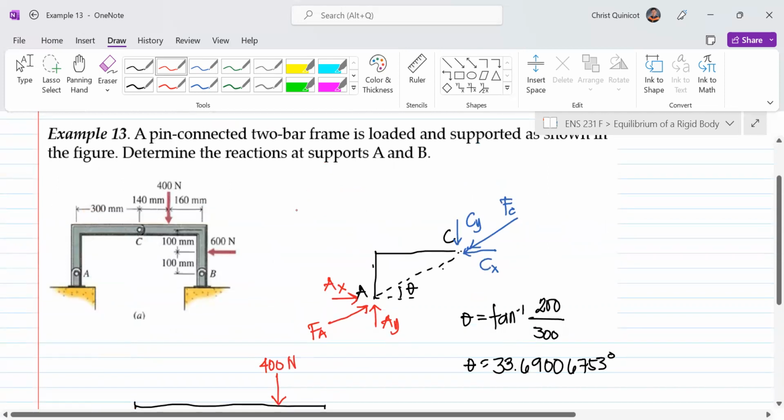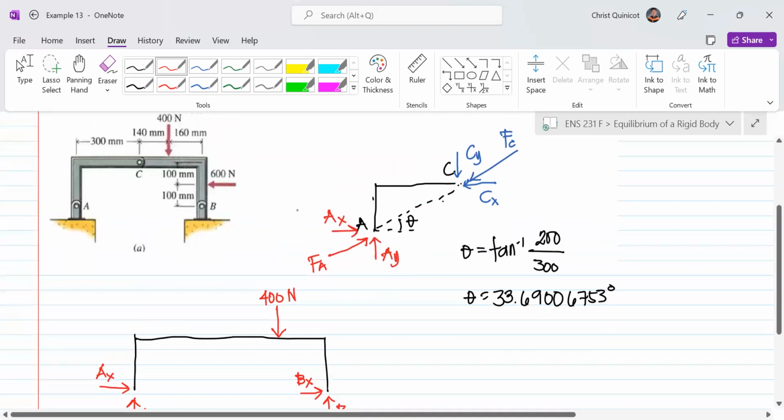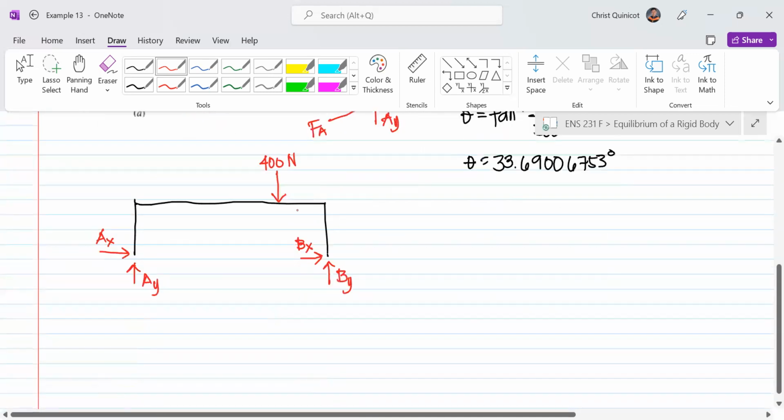100 mm above B is a 600 Newton force going to the left.